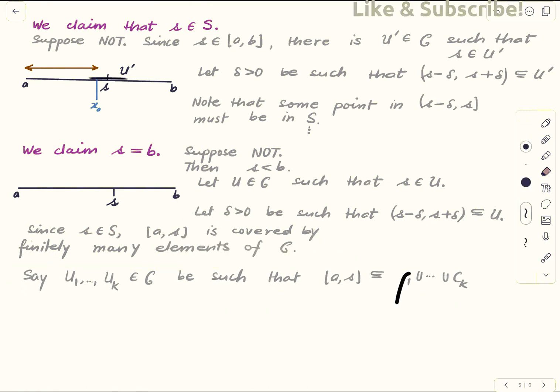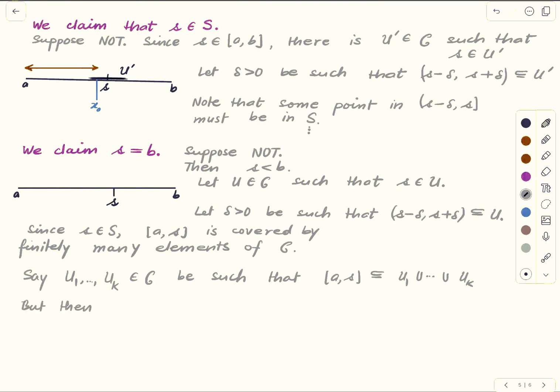I've written C1 up to CK here, but I meant to write U1 up to UK. The union of them contains the closed interval A comma S. But then this thing, A comma S plus delta by 2, is contained in this union.